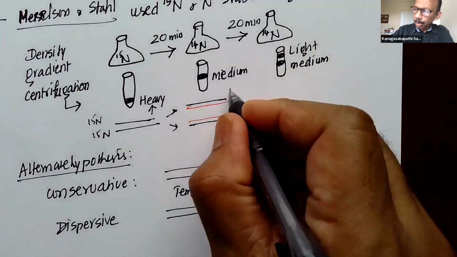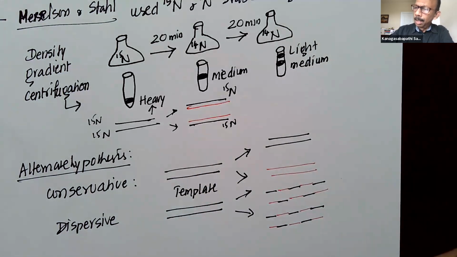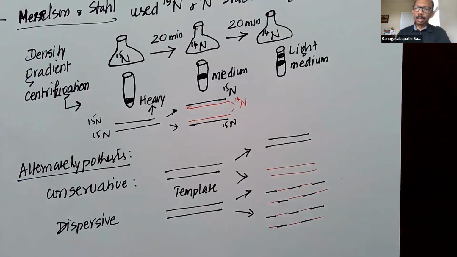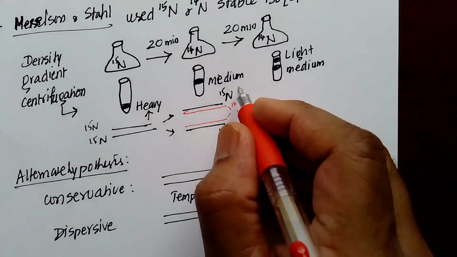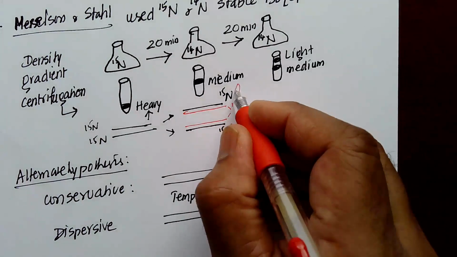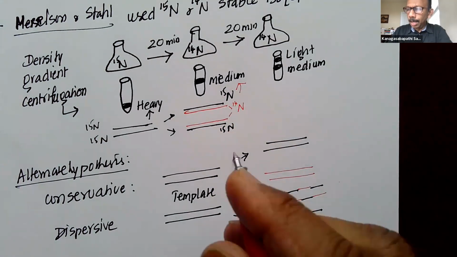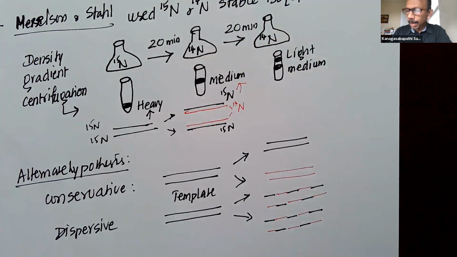So you have N15, N15 as the template DNA, and N14, N14 as the new DNA, and that is what creates this medium band. Okay, so that showed this is semi-conservative like this.